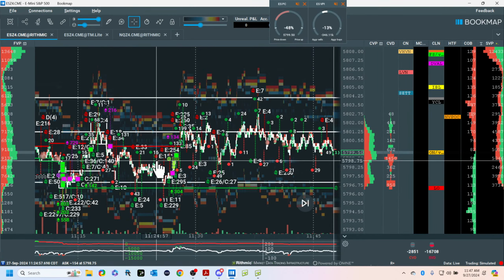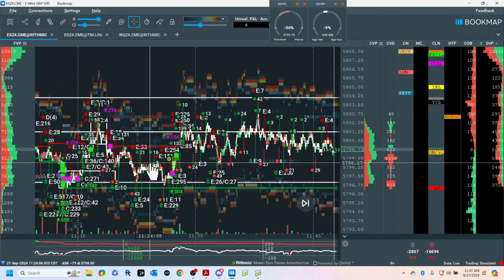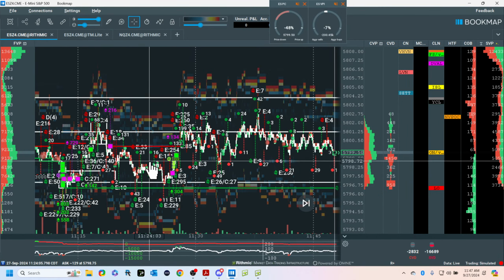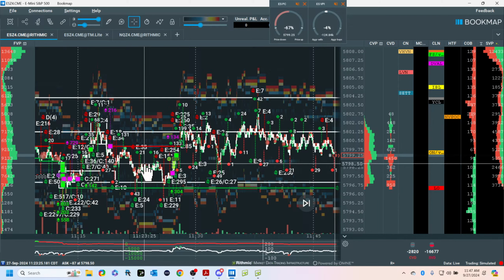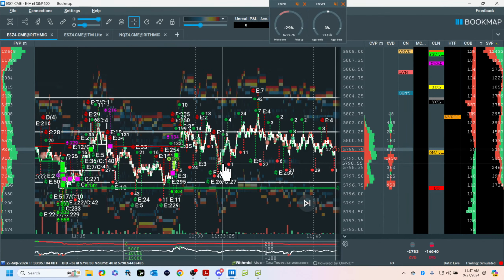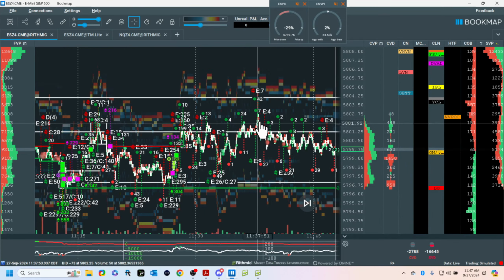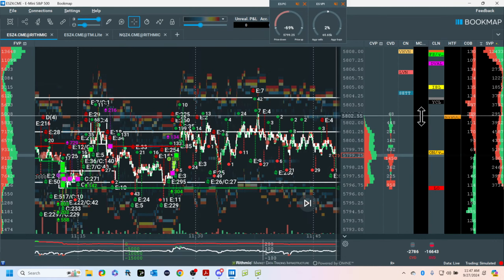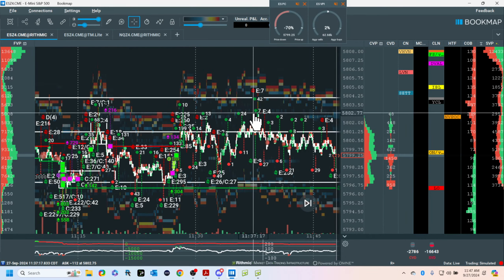So what happened here? This is where the breakout was. We have come back to where the sellers had to cover. There. We come back to this, right to the level, and it sets up a rotation down.